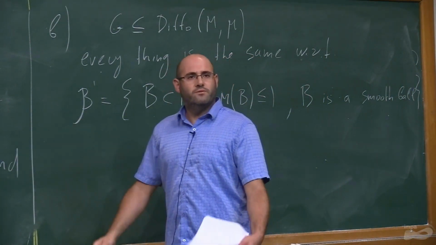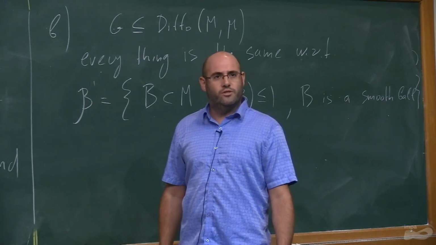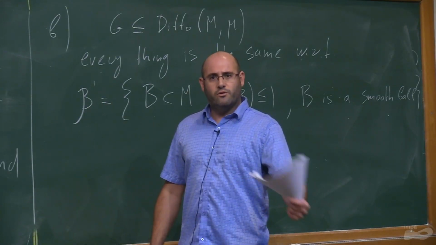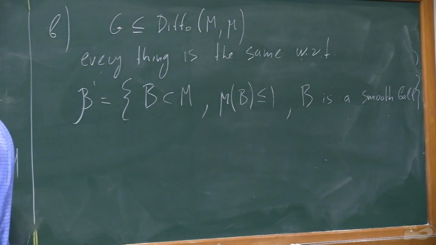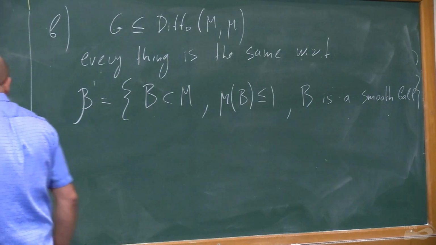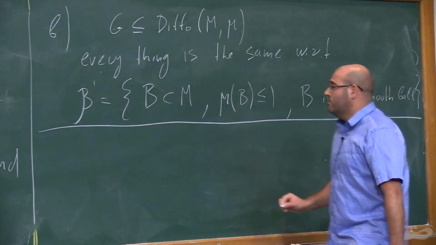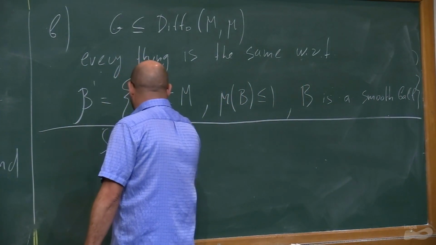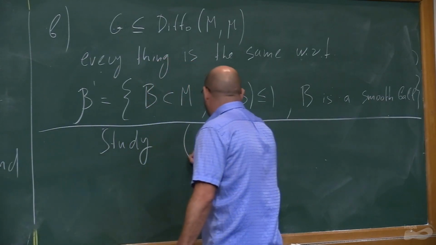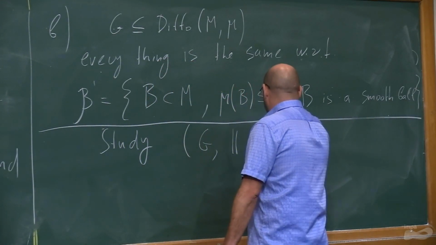It can be written as a product of homeomorphisms or diffeomorphisms, so that each one is supported in either a topological or smooth ball of measure less than or equal to 1. So what I would like to study is the following object: G with respect to the fragmentation norm.